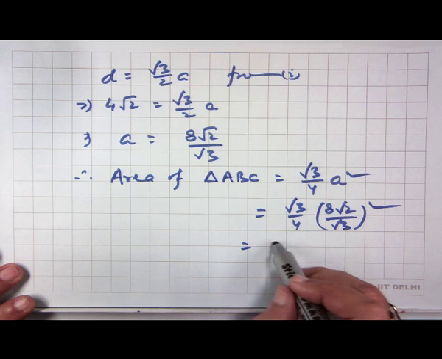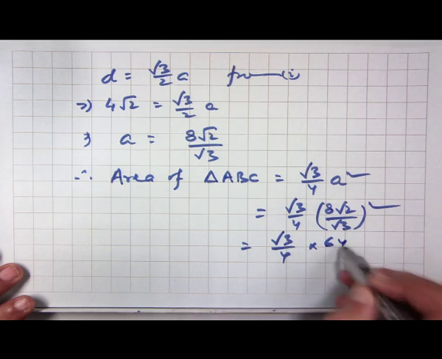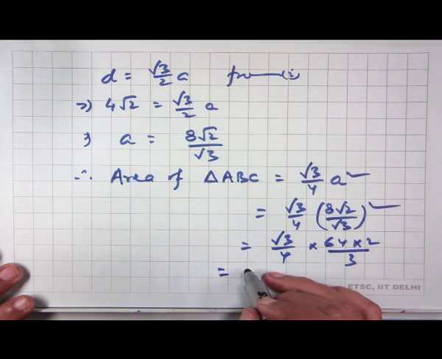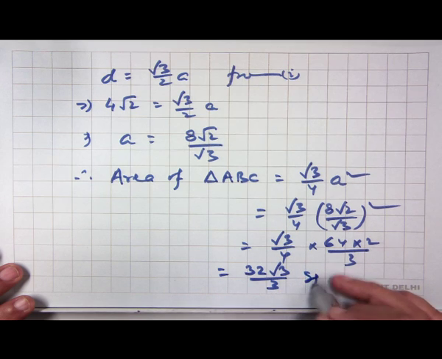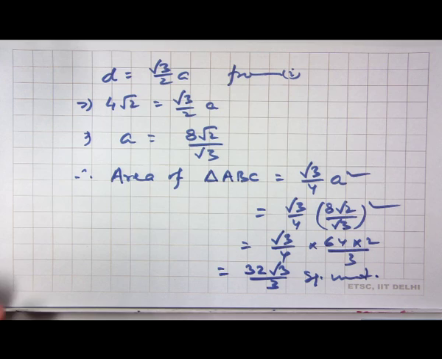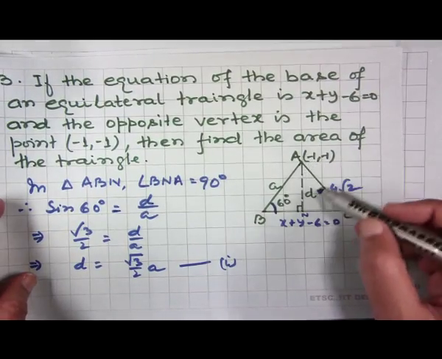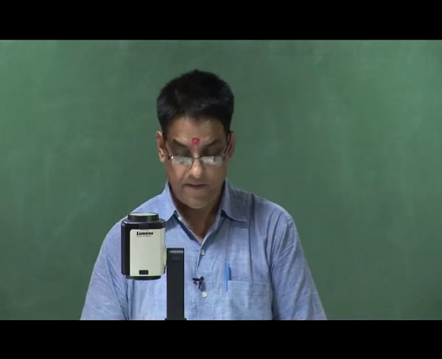So this is root 3 by 4 into 64 into 2 by 3, so 32 root 3 by 3 square unit. So in this way we can find the area of this triangle ABC. We can also find the distance D by using the distance formula. Now let us try using the distance formula.